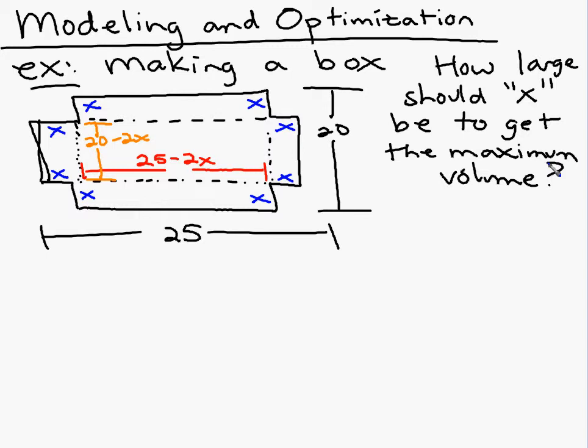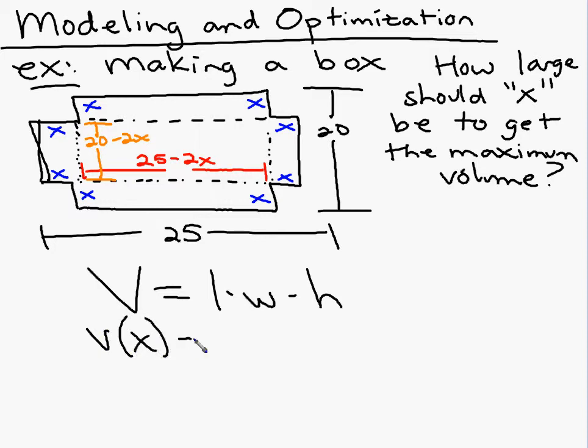So obviously, don't we need a volume formula? How do I find the volume of any old box? Length times width times height. And so this will be our function. V of x will be my volume function, and we actually have all the pieces.